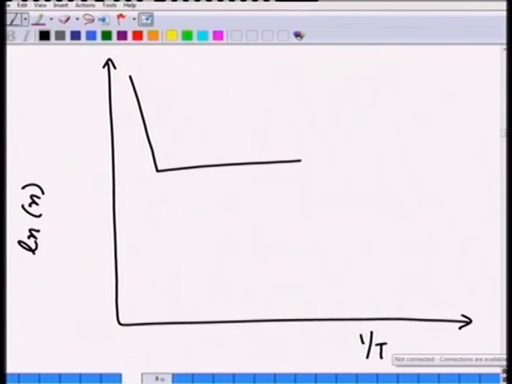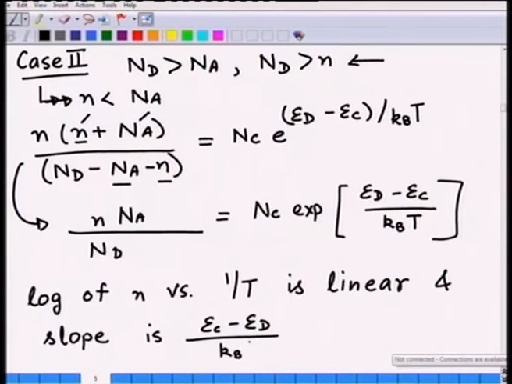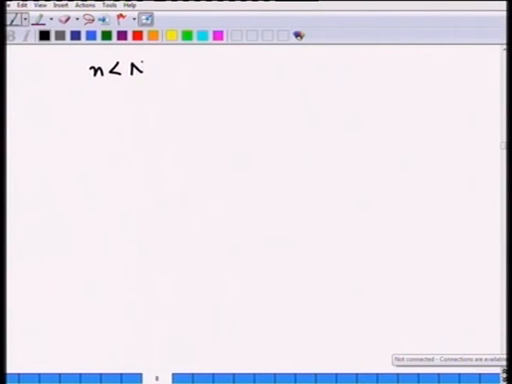When n is less than Na, then slope is 1 k here, not 2. So, when n is less than Na, the slope in that case is EC minus ED by KB, and a minus sign here, of course.